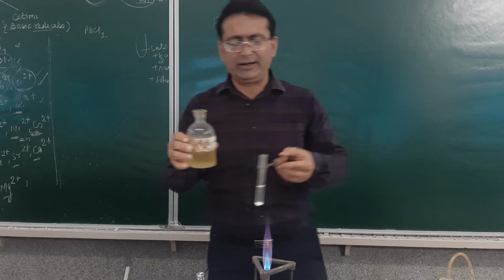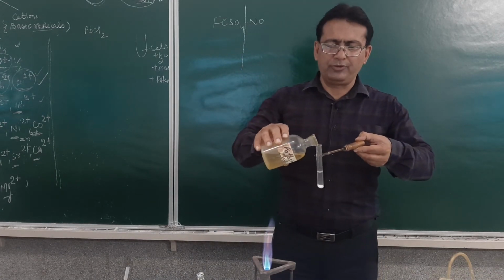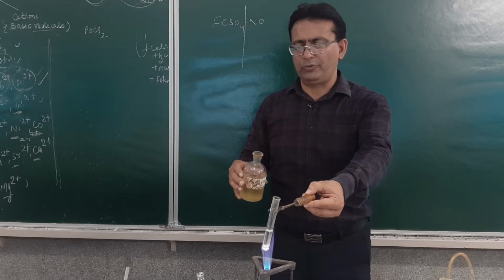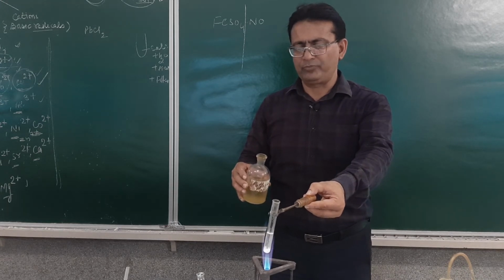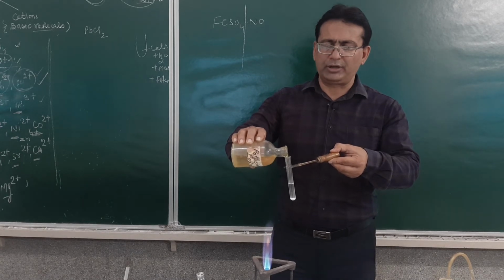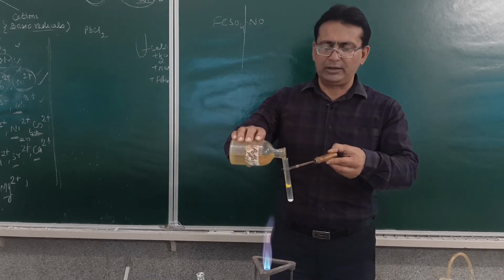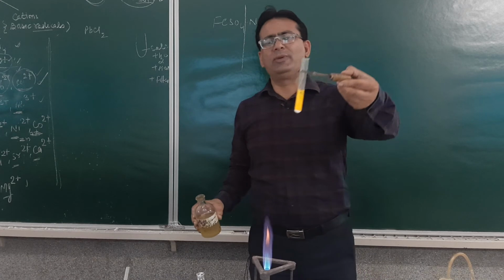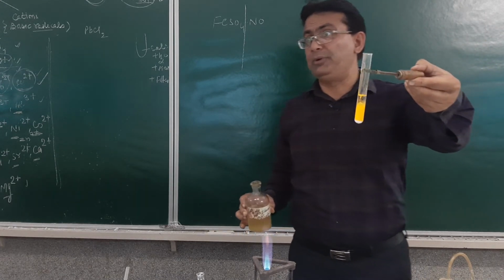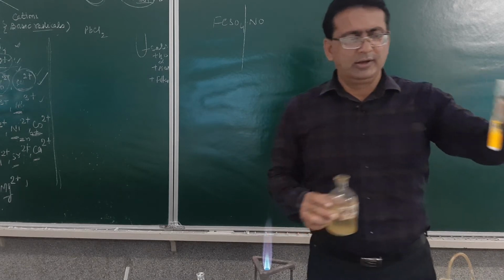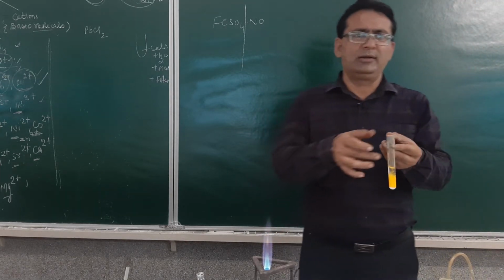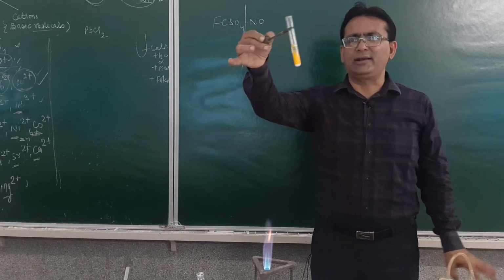This is a potassium iodide solution. You will observe a yellow coloration. That will indicate that the given salt contains the lead ion. You may see the yellow color. So this is the confirmatory test given to you in the study material. So this shows that the given salt contains the lead ion. Just see, is it getting clear or not?